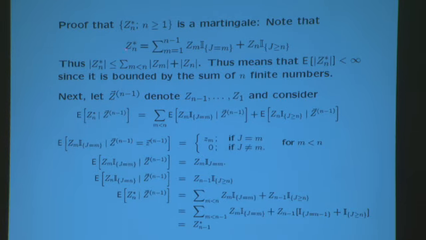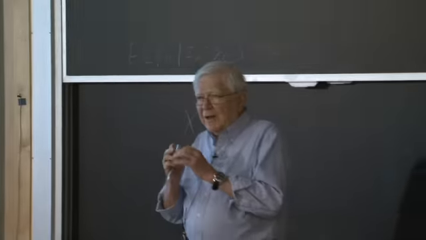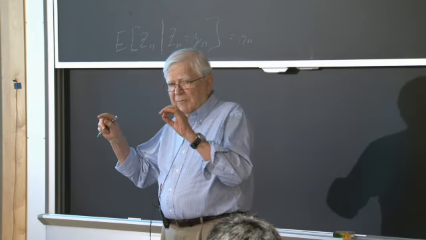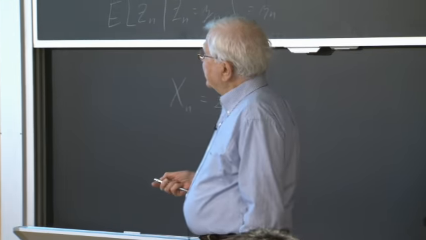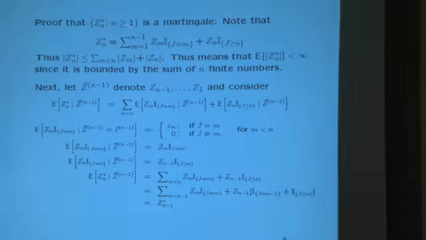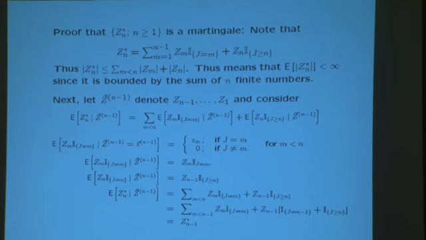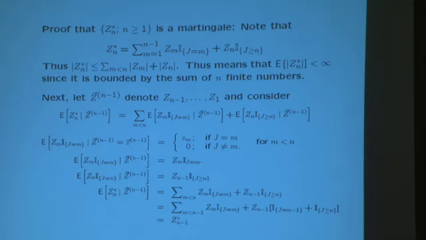Okay, so the stopped process, I can express it in the following way, and let me try to explain why this is. If your stopping rule tells you that you stop at time m for a particular sample sequence, this indicator function, I sub J equals m, this function here is 1 for all sample sequences for which you stop at time m, and it's 0 for all other sequences.